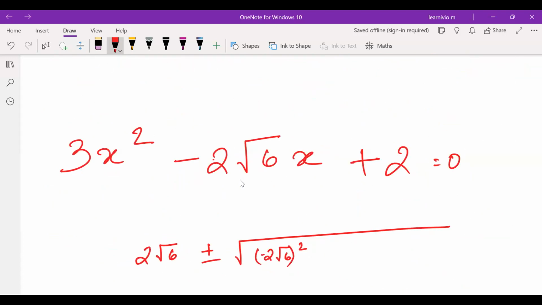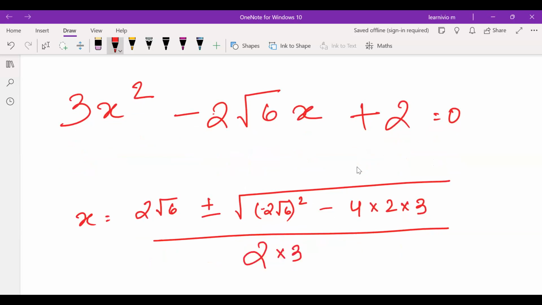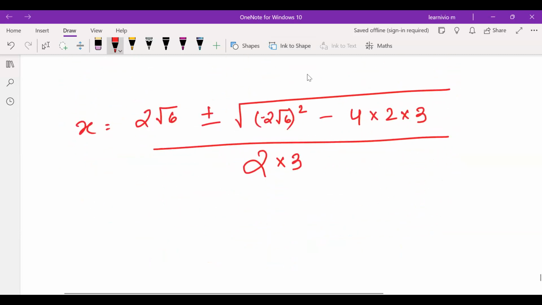And then we'll have minus 4 into a into c, by 2a. Any confusion? Are you there, Zoha? Yes, I'm here. Sorry, I was on mute. No worries. So this is what we are going to have, right, Zoha? Yeah.